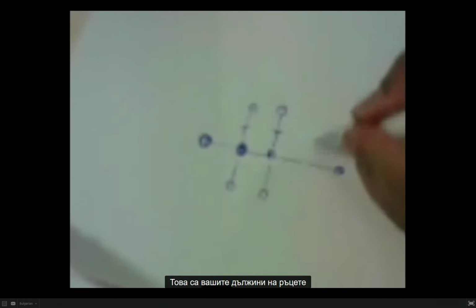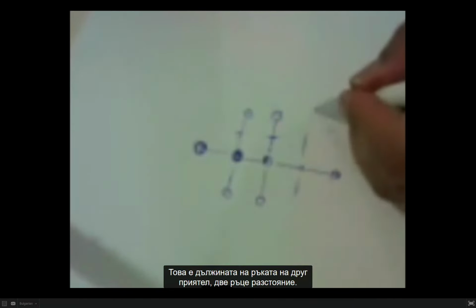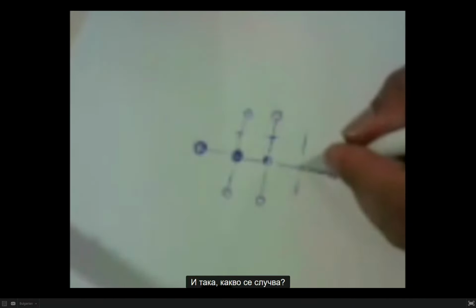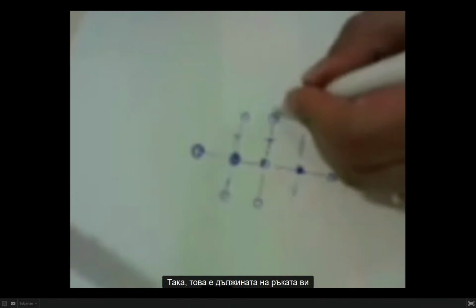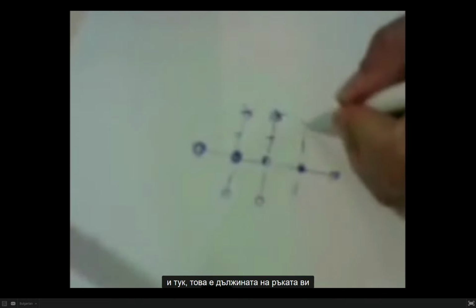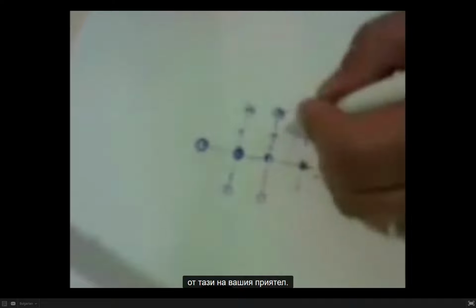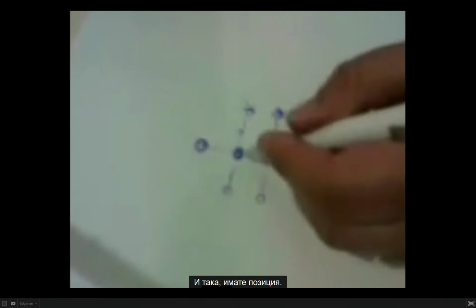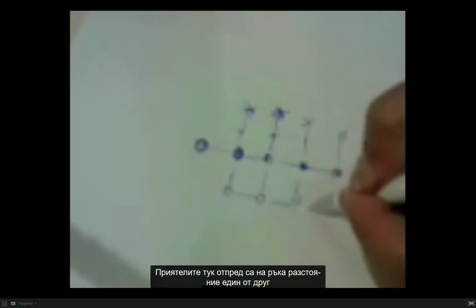These are your arm length. This is another friend, arm length, two arm length. So what happens? These are your tip of fingers. So this is your arm length, and here, this is your arm length from your friends. So you have this position. The friends in front of you are arm length from each other.